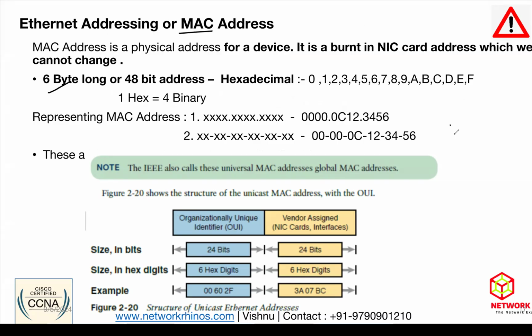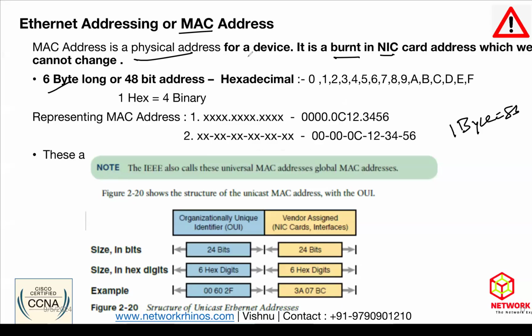Remember one point, 1 byte is equal to 8 bits. So MAC address is a physical address for the device. It is a burnt in network interface card address, which we cannot change.